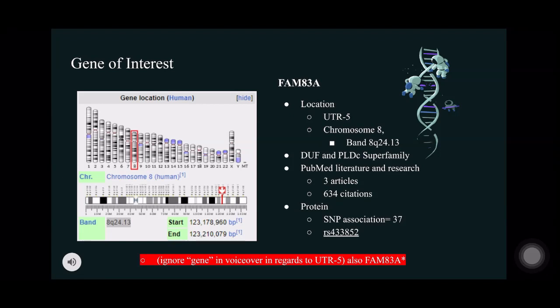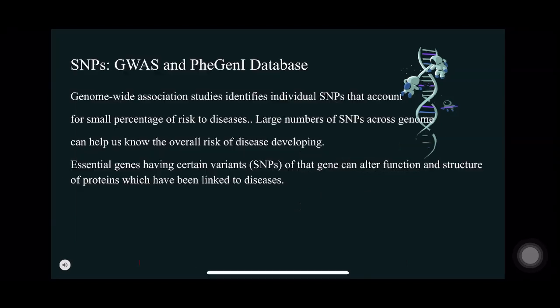According to PubMed literature and my research on it, it only has 3 articles written about it, and there are 634 citations about my gene of choice. FAM83A has 37 SNP associations. The picture on the left is simply a screenshot of the location of it that I accessed from Wikipedia.